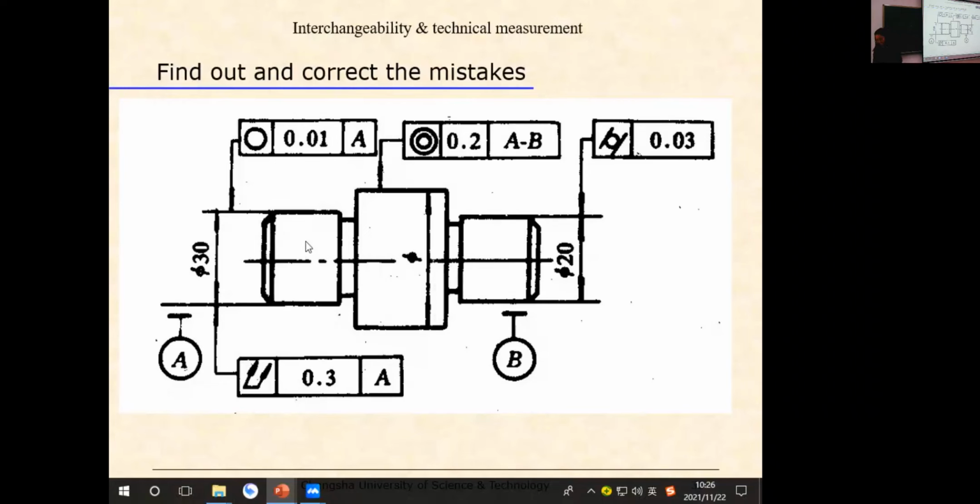Okay, to change the paper, to open the book.